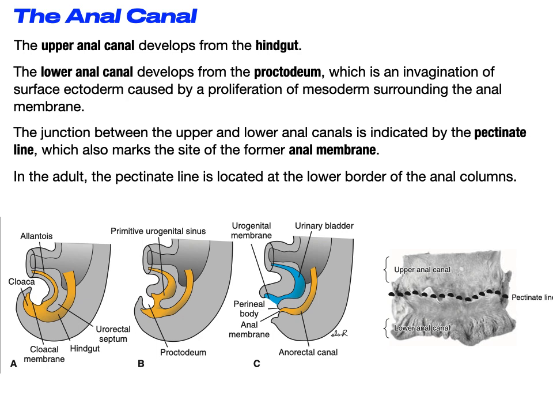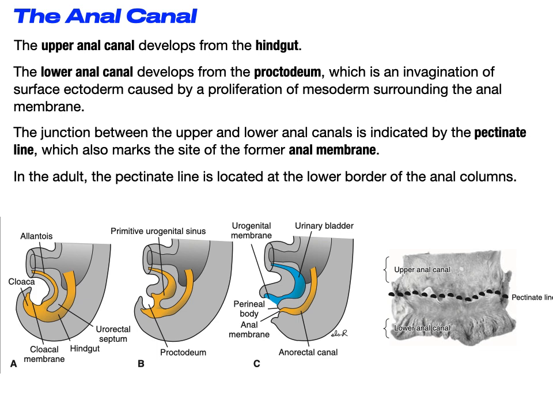So the upper canal develops from the hindgut, while the lower anal canal develops from the proctodeum, which is an invagination of ectoderm. At the end of week 7, the separation is complete and the anal membrane ruptures, so that the anal canal is now continuous and opens in the tail region of the embryo.